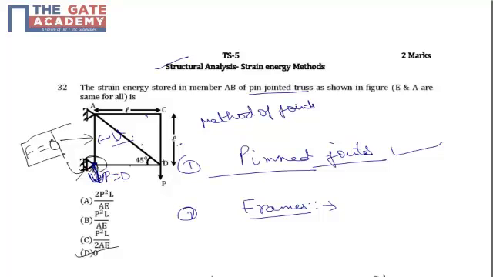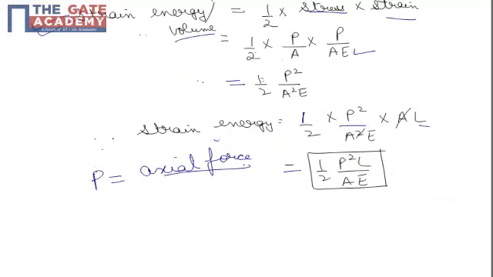Now if some force is acting in this member, since no external force is acting, no external reaction in the downward direction will be able to act because of the presence of the roller support at point B. So even if any small axial force PAB is present, it will not have any balancing component, and it is against the principle that the summation of all forces at any joint should be equal to 0. That means the force in member AB should be equal to 0. So P is equal to 0, and the strain energy in this particular member comes out to be 0.